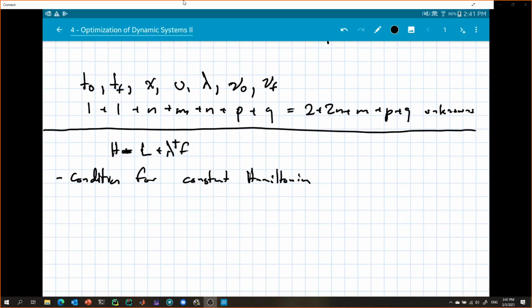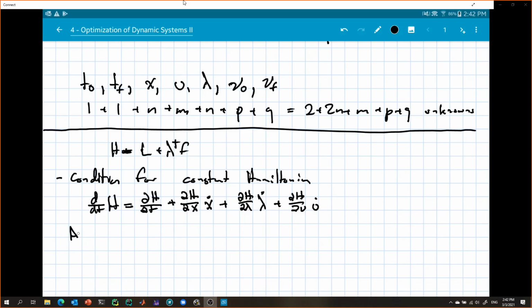So if we just take the time derivative, so d dt of H, and this is just doing the chain rule, I guess. So we have the partial of the Hamiltonian with respect to time, and then the derivative of the Hamiltonian with respect to the states, with respect to the costates, and with respect to the control.